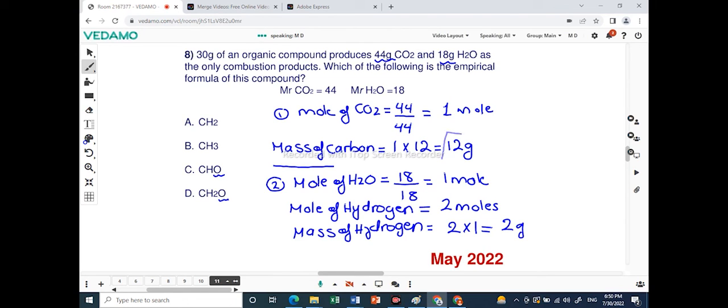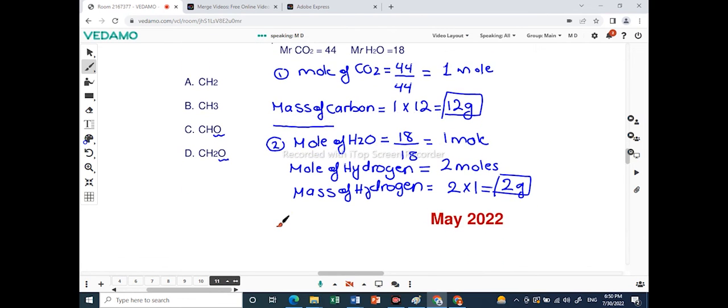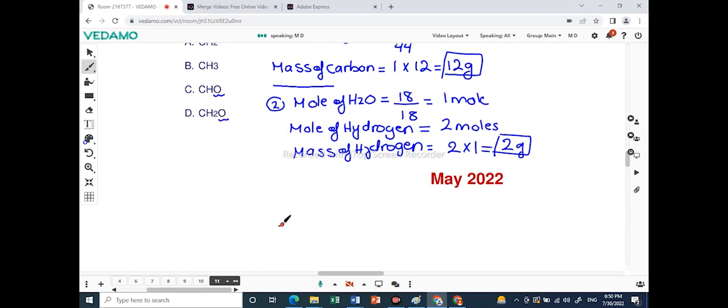Here, I'm going to take the 12 grams and also the 2 grams in order to find the mass of the oxygen. So, continuing with the mass of oxygen, the total mass of the sample given is actually 30. So I'm going to subtract from the total mass the 12 plus 2.